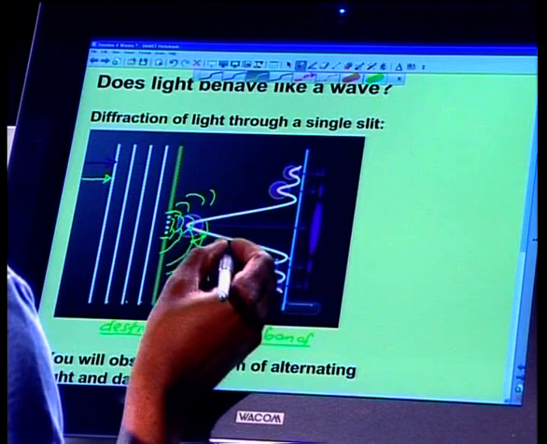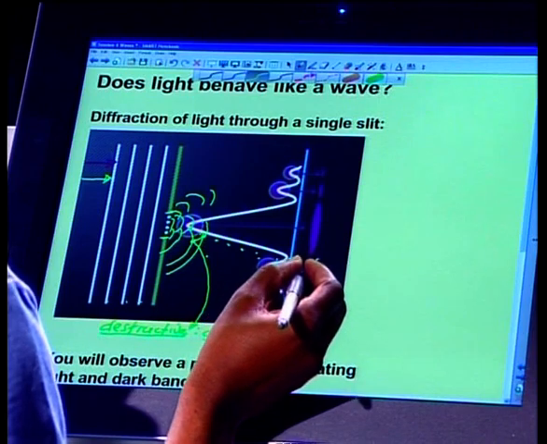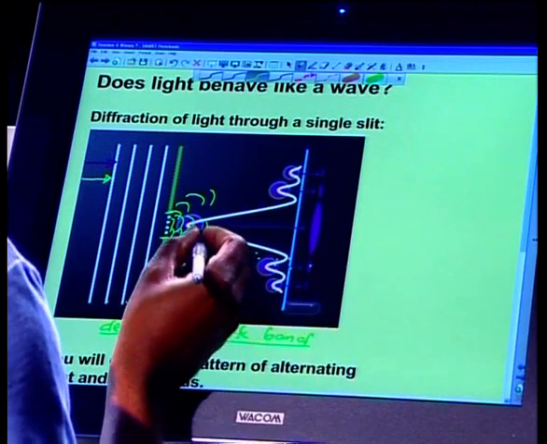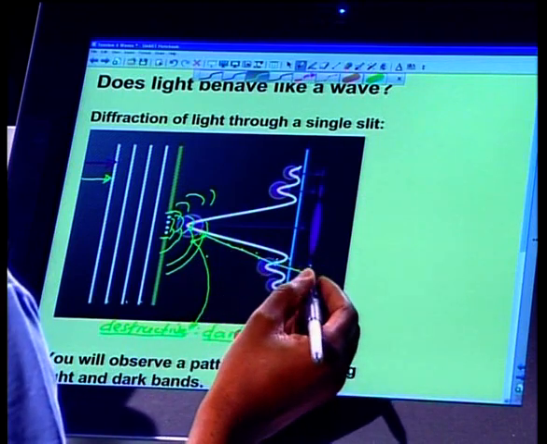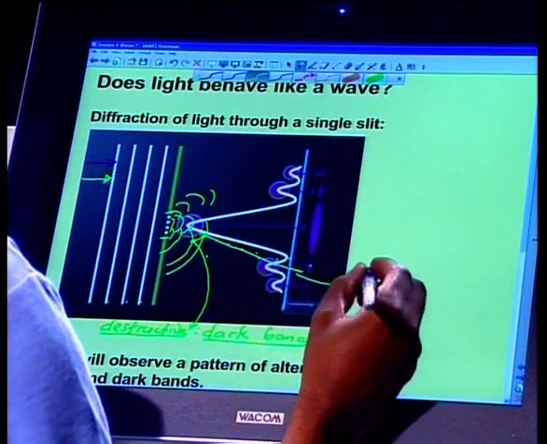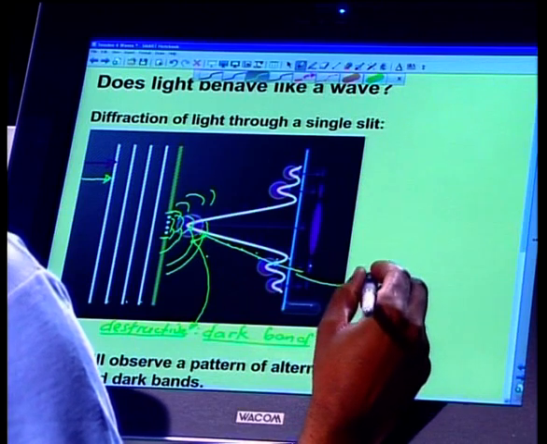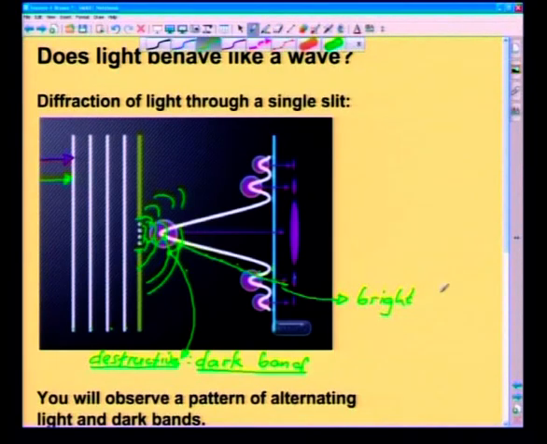Let me just put it this way, we end up having something like that on the screen. So that line there will be joining those points where constructive interference is happening, and because this is light, we would say that we are having a brighter band. So that will be a bright band somewhere, and that will be where we are having constructive interference.